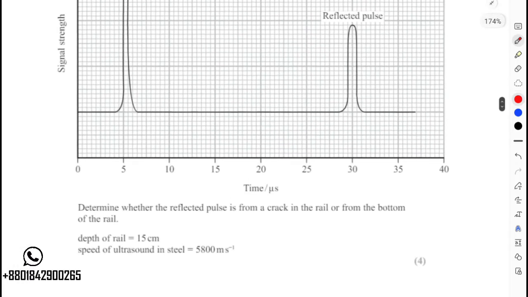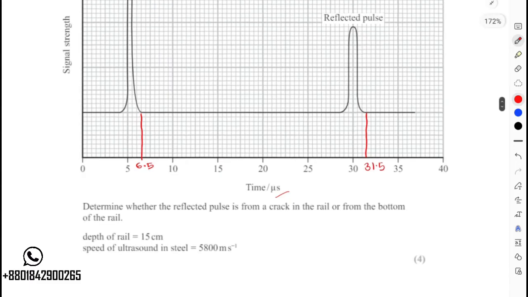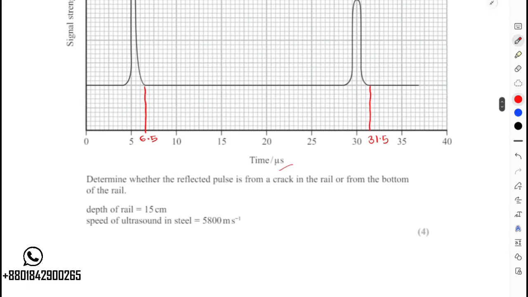So the time between the transmitted and reflected pulse is 25 microseconds.